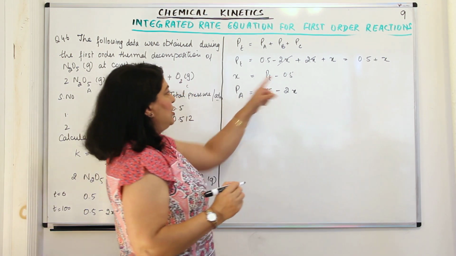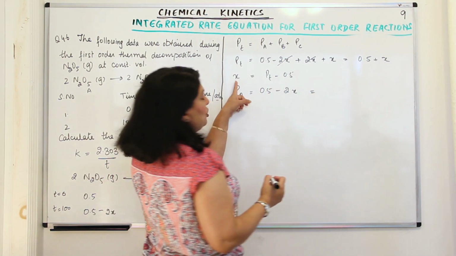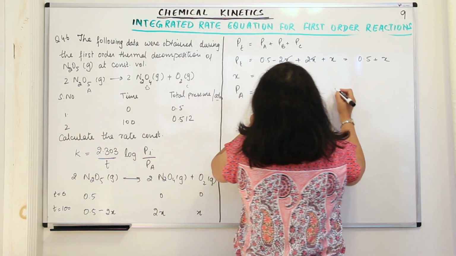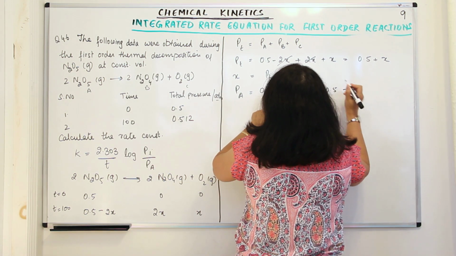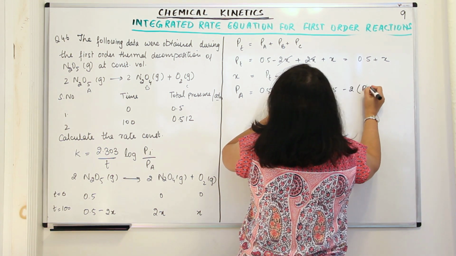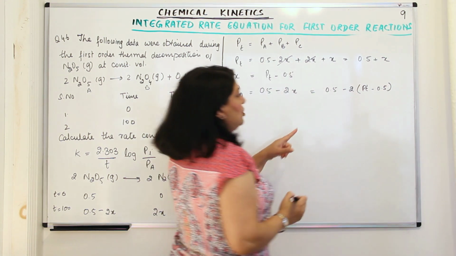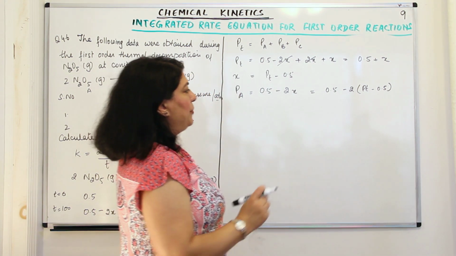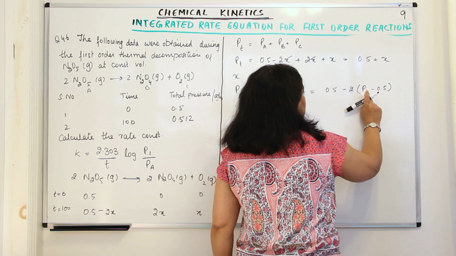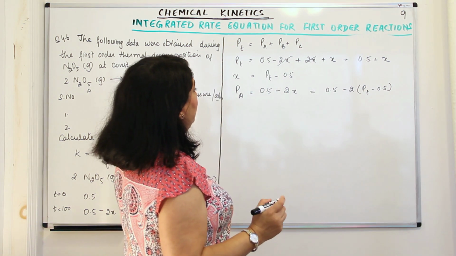And the value of x we already know. So according to this, what would PA be equal to? Let us substitute the value of x here. It would be equal to 0.5 minus 2 into PT minus 0.5. That is twice PT, partial pressure at time t, this should be a subscript, minus 0.5.